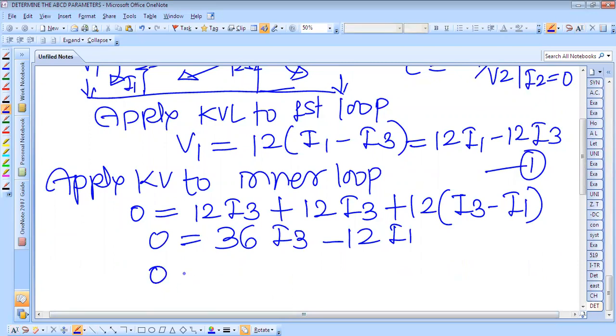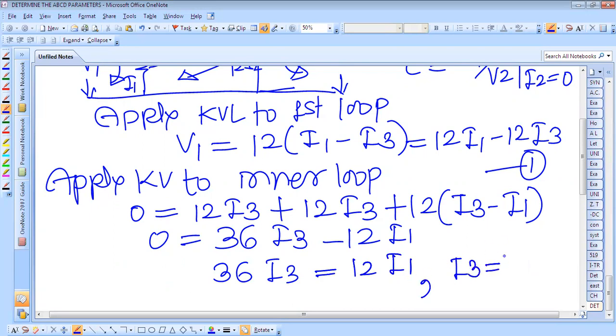And therefore 36 I3 is equal to 12 I1, and therefore I3 is equal to 1 by 3 I1. This is equation number 2. Now we have to put this value of I3 in equation 1.